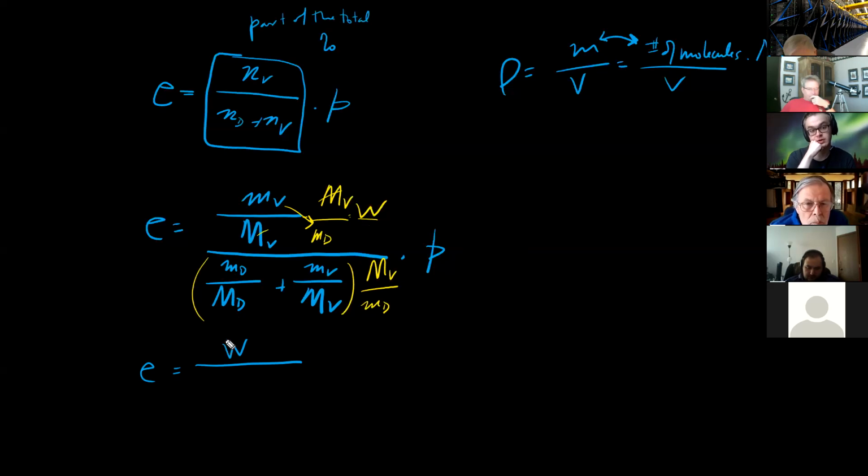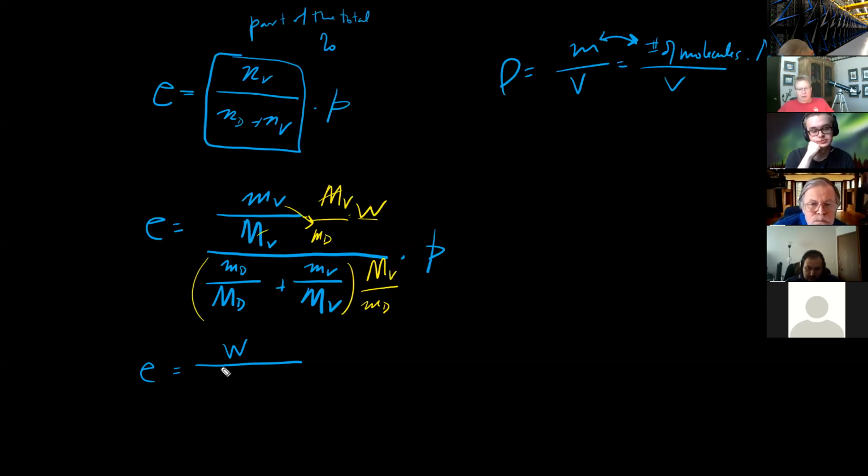It's going to be 1 over the molecular weight of dry air. Not 1, right? I'm multiplying this yellow guy times this blue guy. The mass of the dry air cancels out, right? And what do I have?